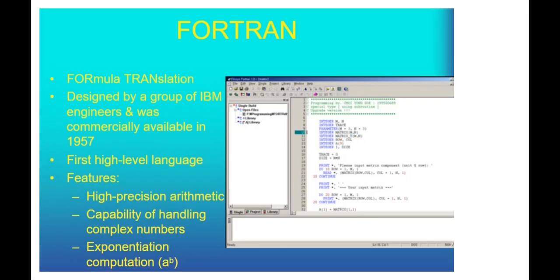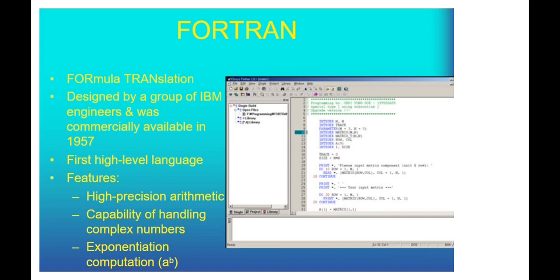Long ago, in the 60s, scientists created a language named Fortran. Fortran stands for formula translation. It is designed especially for calculations and scientific research, and it is really good at calculating formulas and resolving mathematical and physical problems.